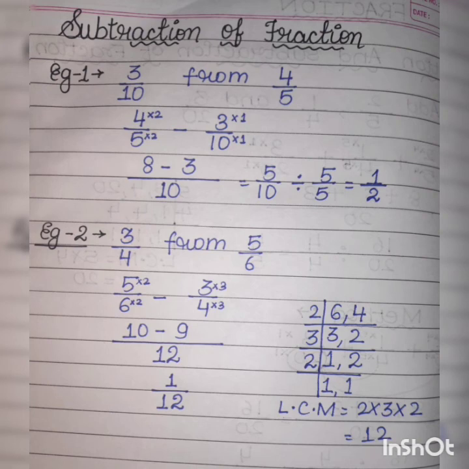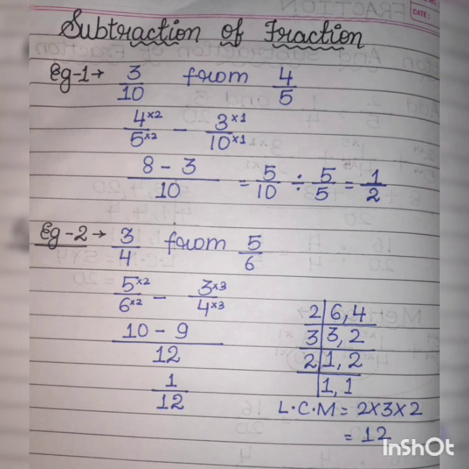Now after getting 12, we have to make 6 and 4 as 12. So how to make 6 as 12? We have to multiply it by 2. So if we have multiplied it by 2, we have to multiply the numerator also by 2. So after multiplying we get 10 minus, we have to make 4 as 12.